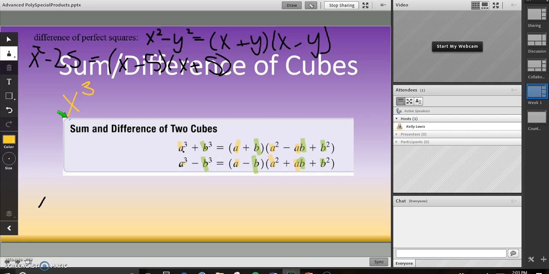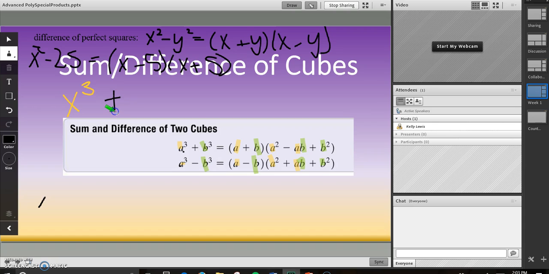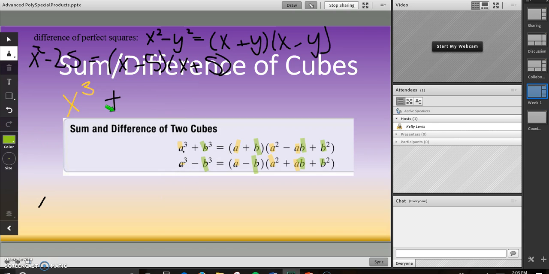It didn't matter if we use an a or an x. It'll say maybe x cubed, and then maybe it says plus 8. Well, 8 is 2 times 2 times 2, so it's like 2 cubed. So that's the first number cubed plus the second number cubed equals, and then we follow the formula.